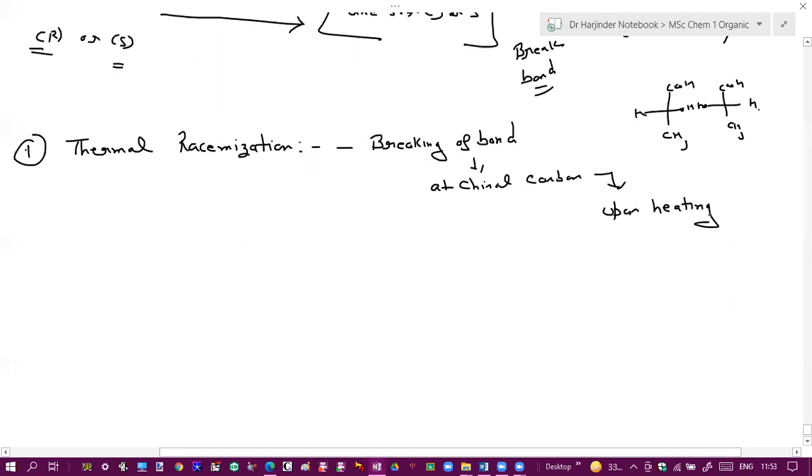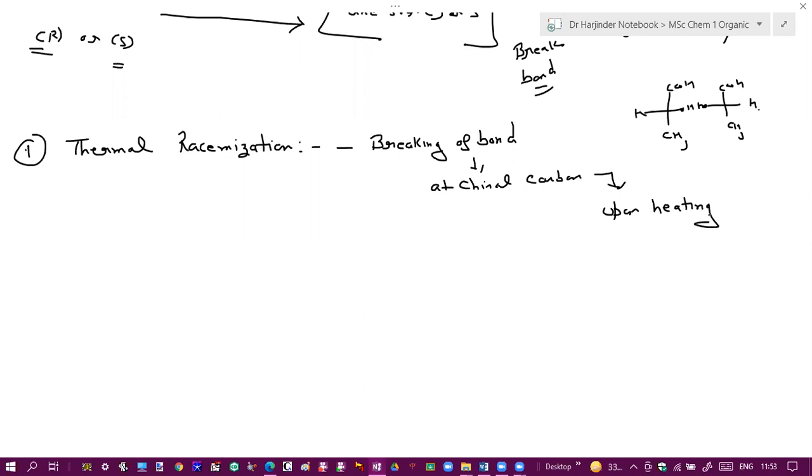So you heat your molecule. We start from one pure enantiomer, heat it, and on heating you get a mixture of two enantiomers in the same amount, or racemic modification. Now, when you heat a compound, what kind of bond breaking can take place? You know there are two kinds of bond breaking: one is homolytic and another is heterolytic.